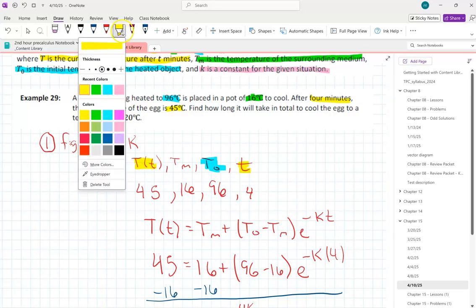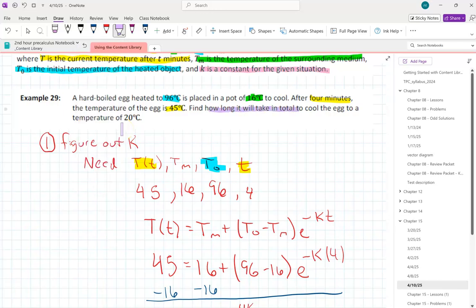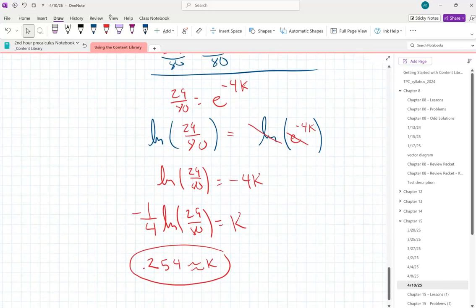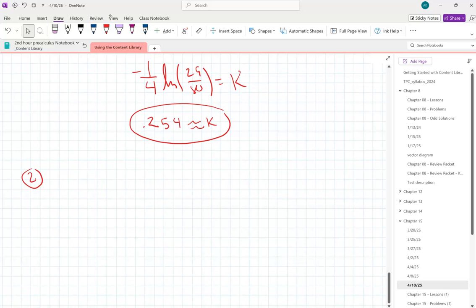The last thing it's asking me in the problem is how long it will take to cool to 20 degrees. So it's asking for a little t, right?